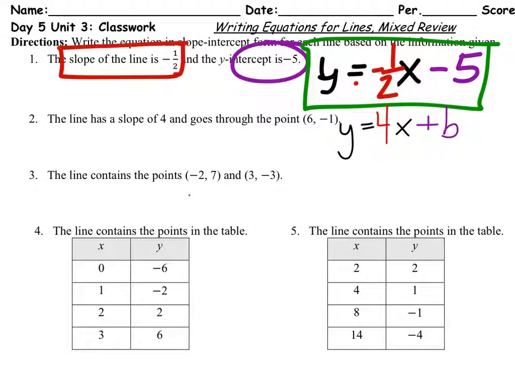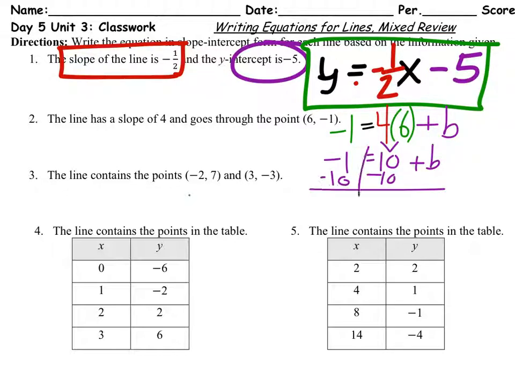We'll solve for b by replacing the y and the x with the two values they gave us. The x value is 6, and the y value is -1. So 4 times 6 is 10. 10 equals -1 plus b, so something plus 10 should equal -1. We'll subtract 10 from both sides.